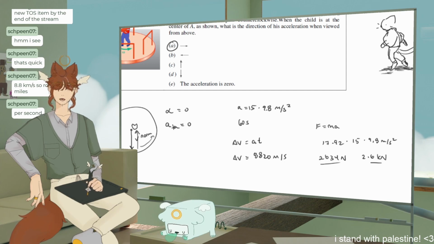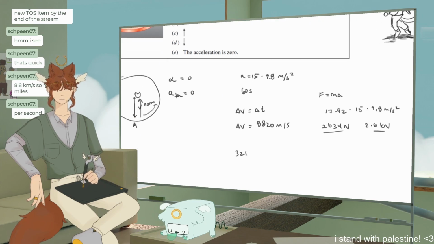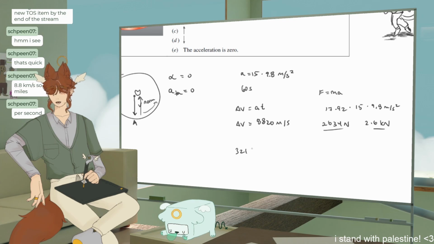What's the highest speed your car can go? Okay, let's say 200 miles per hour. 200 miles per hour is about 321 kilometers per hour. Let's say that.